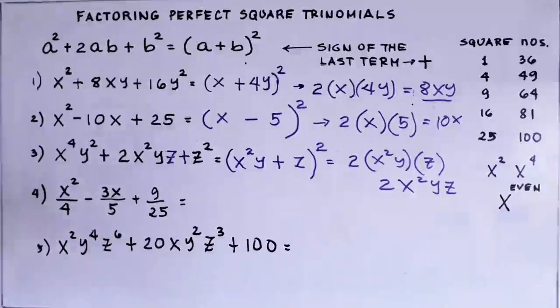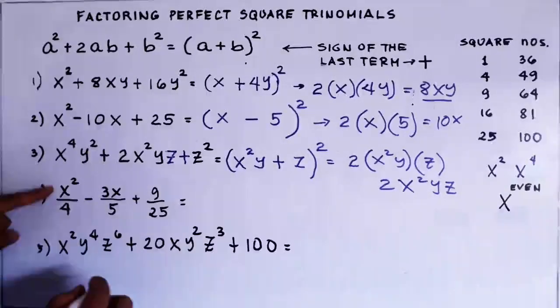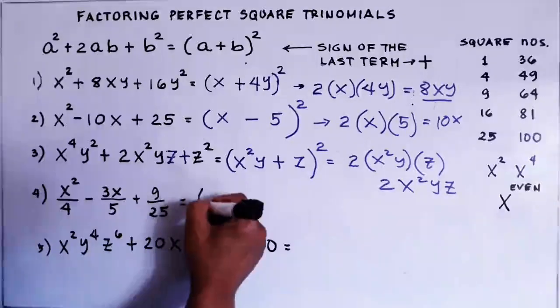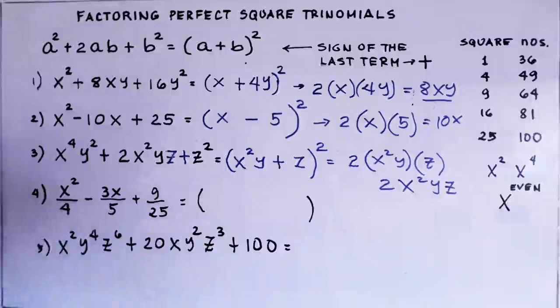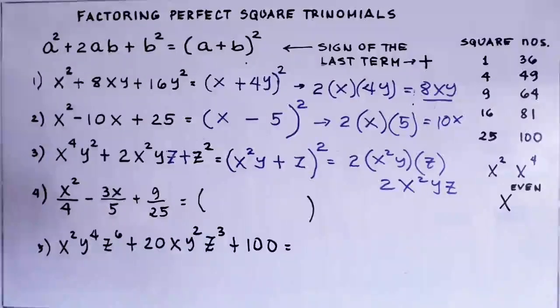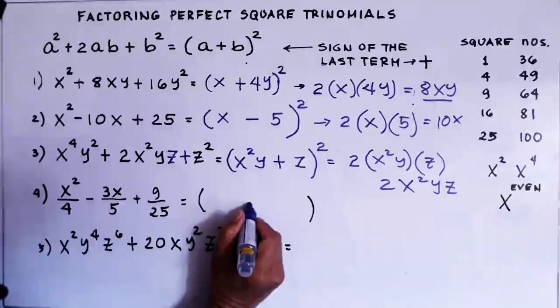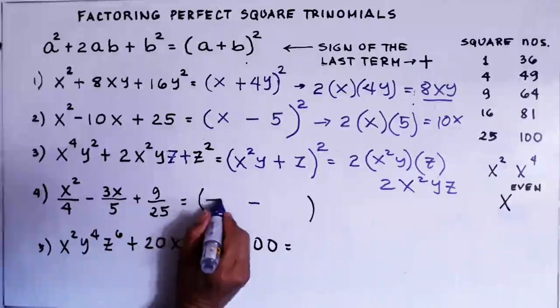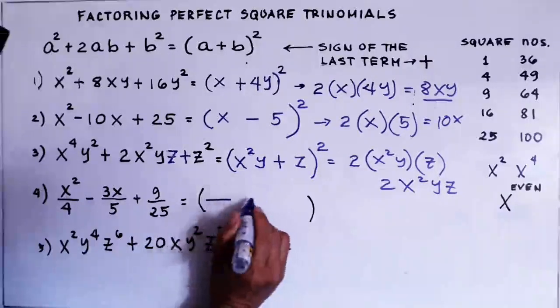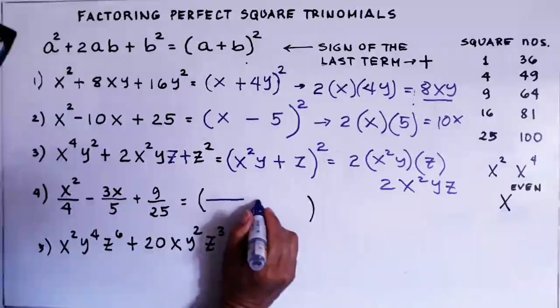Okay, let's have number 4. For number 4, let's have this one. Okay, this is minus. Our sign is minus. So this one is a minus here. Now this one is a fraction, so we put a fractional bar. We'll center our answer here.